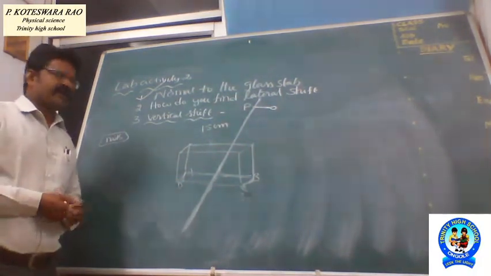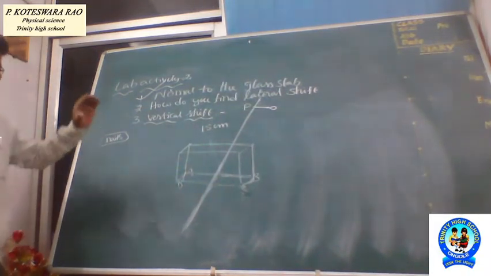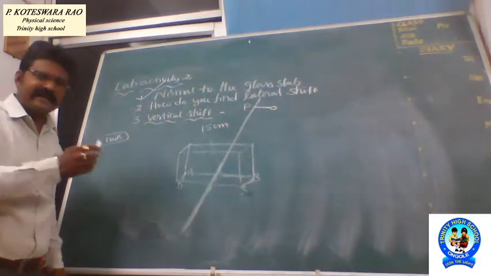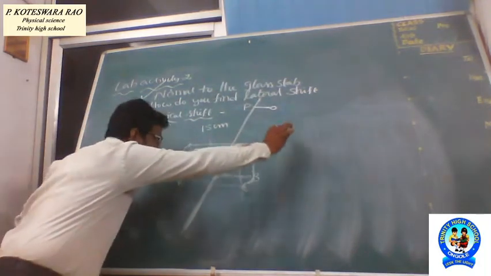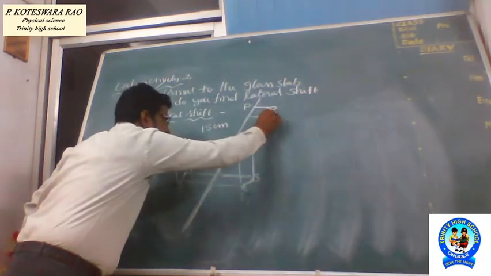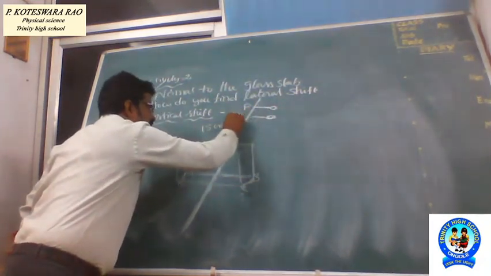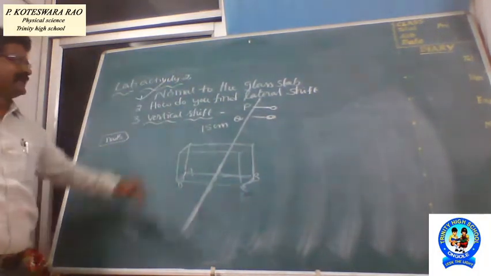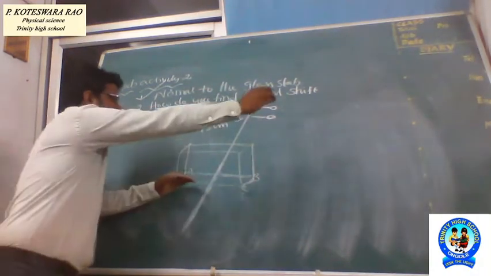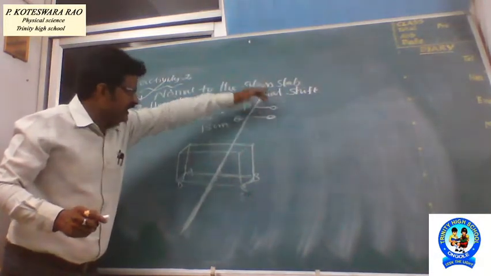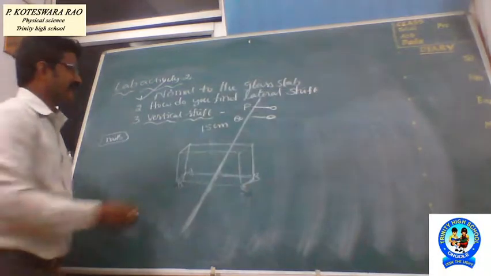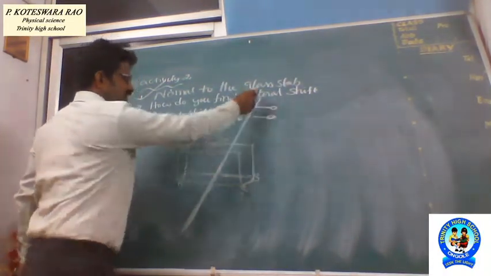Then what about next? Next, take one more nail, and we must see the first nail through the glass slab, and we try to place that second nail parallel to the first nail. The place where we placed the second nail, mark that as Q. Here what we have to understand is, while we are seeing through the glass slab, we can place this nail parallel to P, and through this it appears to touch this line, but actually, if you look from outside, this nail does not touch the normal line.